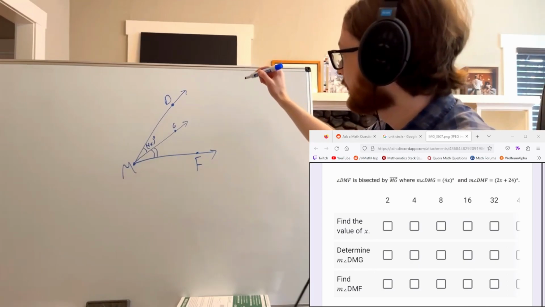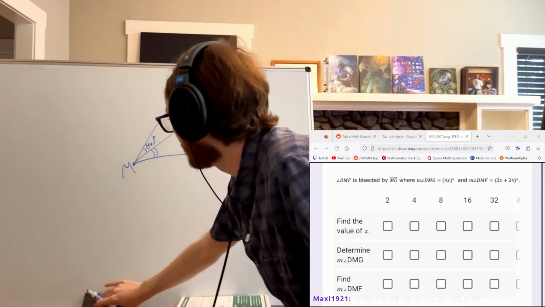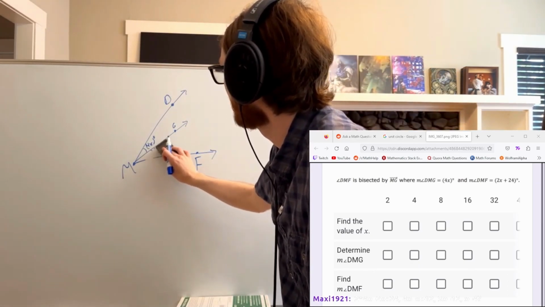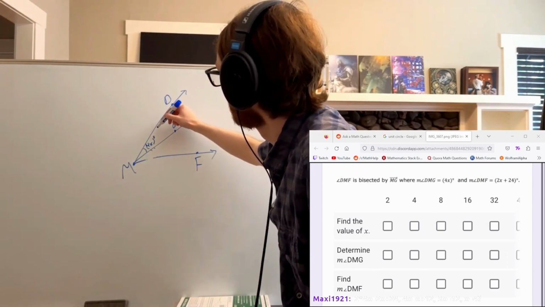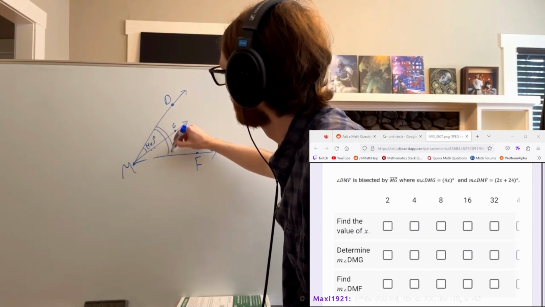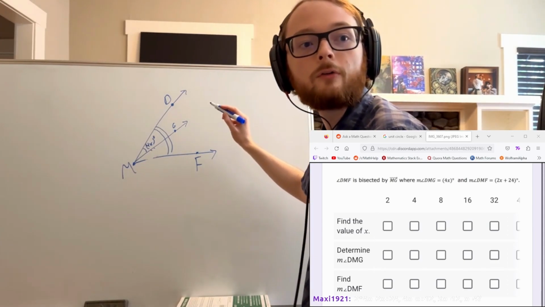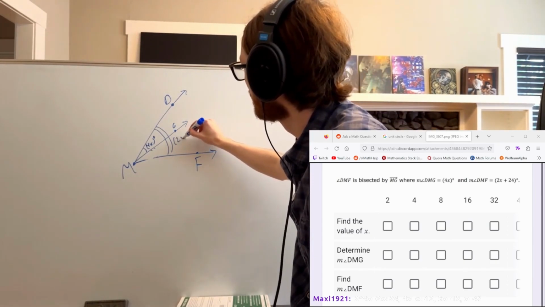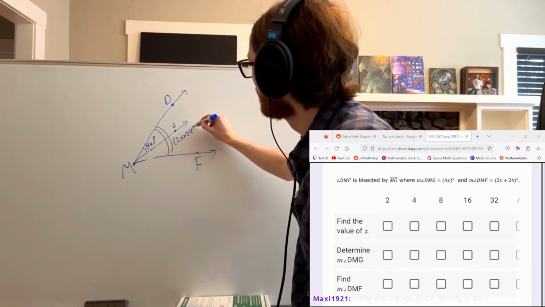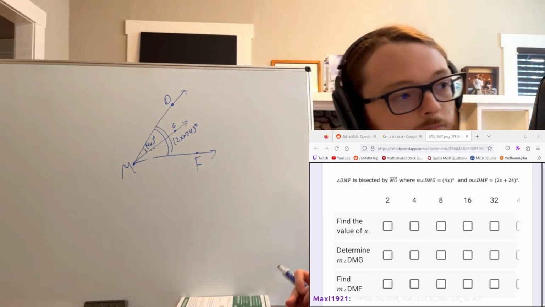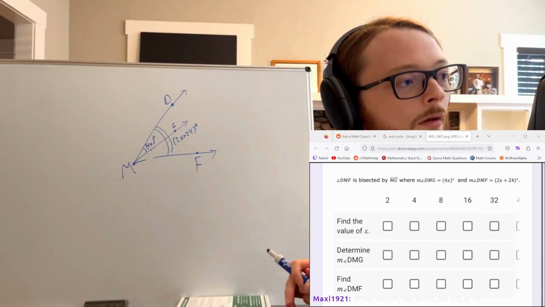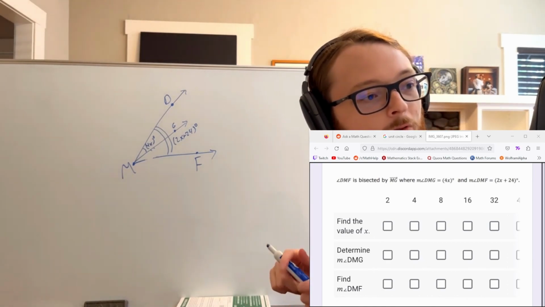And DMF, oh wait, the total DMF is the entire thing, is 2x plus 24 degrees. Okay. So yeah, they want to find the value of x.